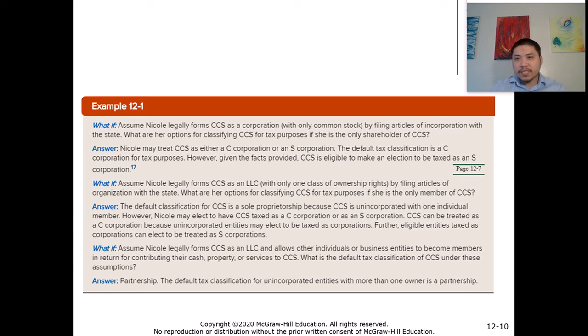Even though it is an LLC, since there are multiple partners, multiple owners, the business is going to be treated as a partnership. I hope that is clear for you guys. And again, all I want to do is introduce to you an overview of all of these forms of entities and how they are different from each other.